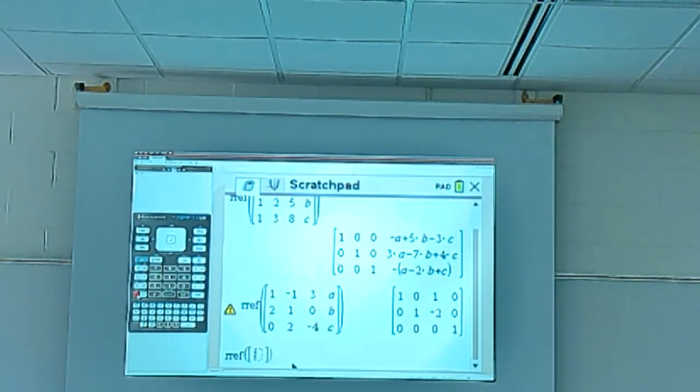Again, for this problem, I will stick with it. 1, 2, 4, 0. Next row. 1, 3, 5, 0.